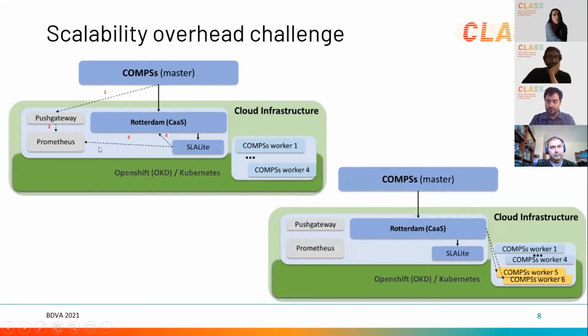SLA Lite will check Prometheus for the metric that it is supervising, and in case the quality of service is not being met, then it is going to take the action. It means that from 4 initial workers that were deployed, it is going to scale to 6 workers. Okay, so this is how we meet the time guarantee.